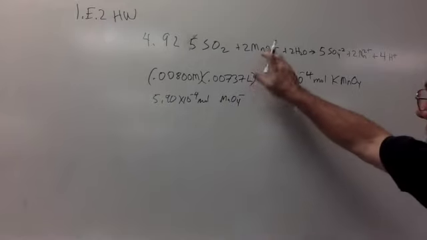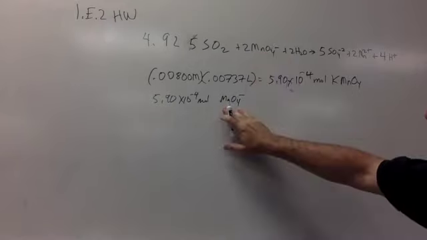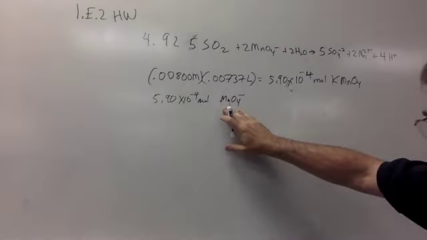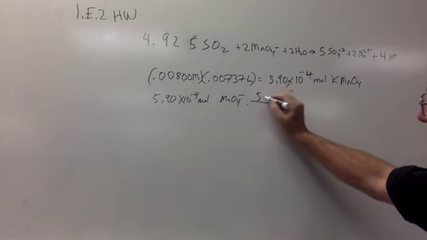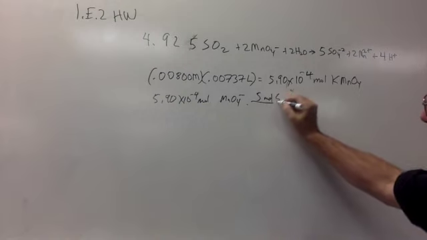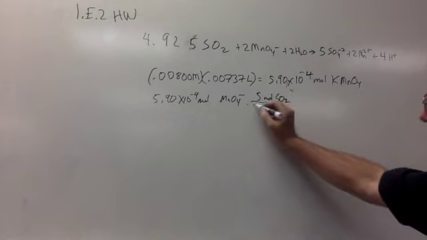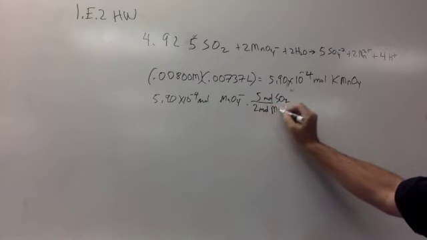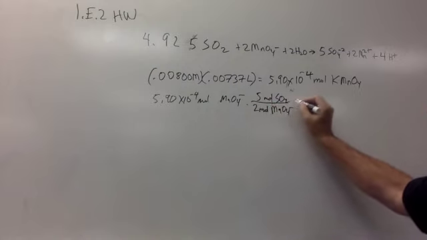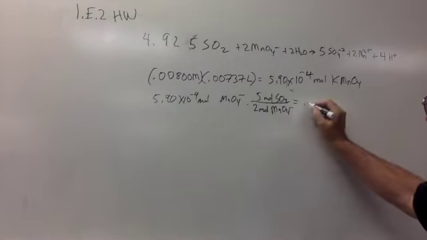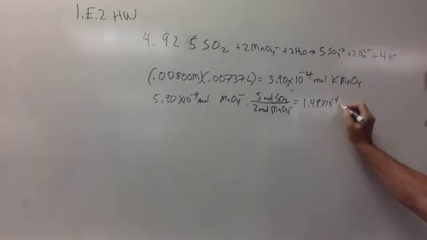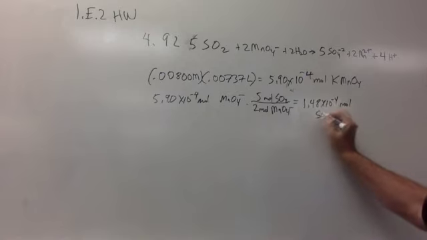So MnO4 minus does. So 5.90 times 10 minus 4 moles of permanganate ion times 5 moles of SO2 for every 2 moles of permanganate. 5:2 ratio gives me 1.48 times 10 to the minus 4 moles of SO2.